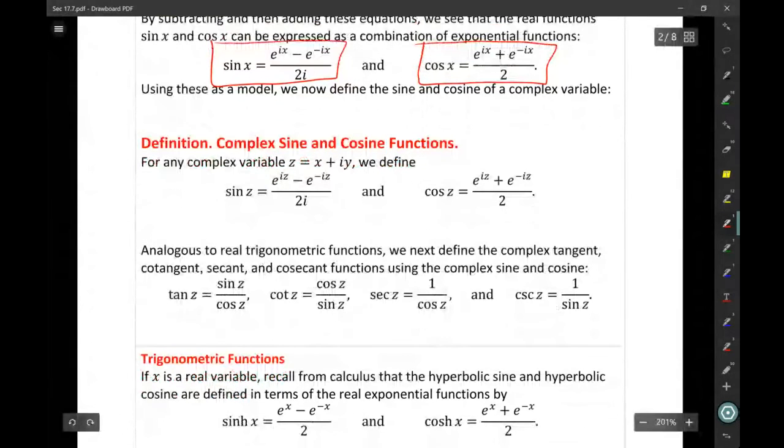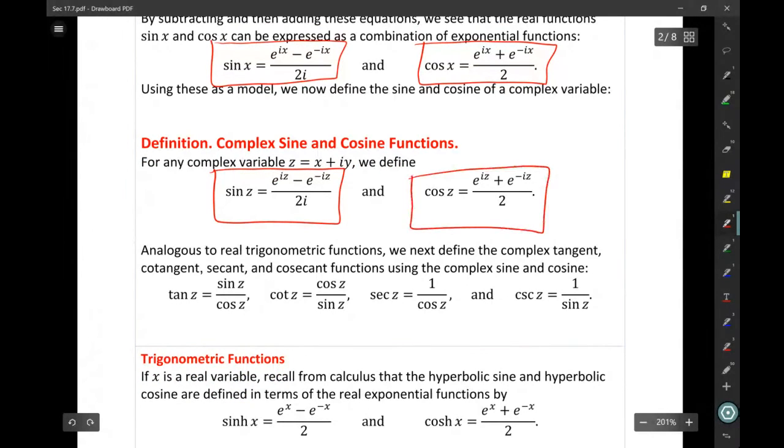Now in the same fashion, we can define the sine and cosine of a complex number z, not a real number.